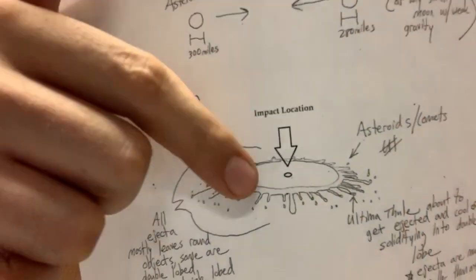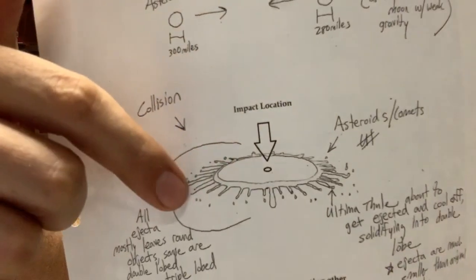The splashing material exits out the side, and a lot of it ends up being a single object, or if it has a little bit of angular momentum, say that bunch of rock is spinning just slightly, it will start forming two lobes. It will stretch outwards a little bit, and as it spins, it'll start solidifying. That's why Ultima Thule has two lobes to it. It's not very difficult to understand.